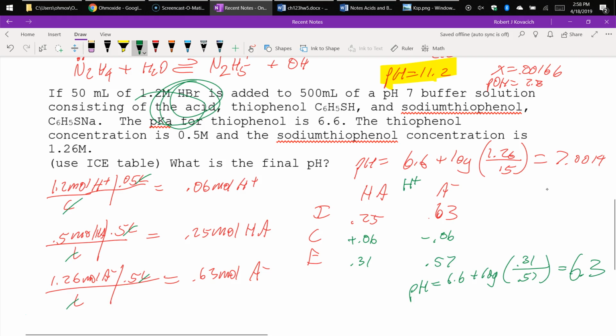So there's got to be a calculation issue, because if you got 0.31, then what are you going to put in the denominator? 0.55 liters, and over here, 0.55 liters, right? So what you had is 0.31 divided by 0.55 divided by 0.57 divided by 0.55. Mathematically, what's going to happen?